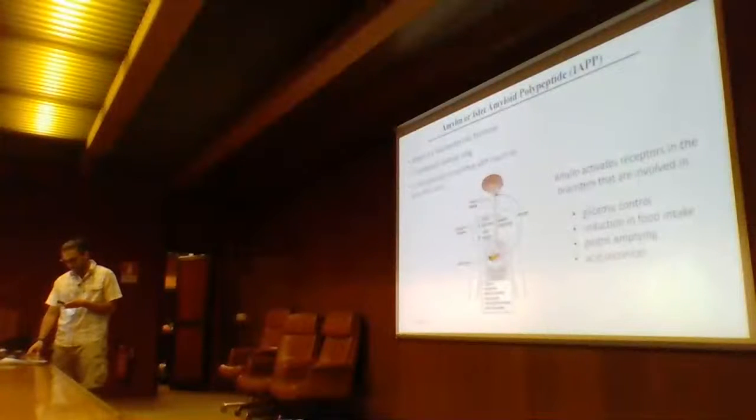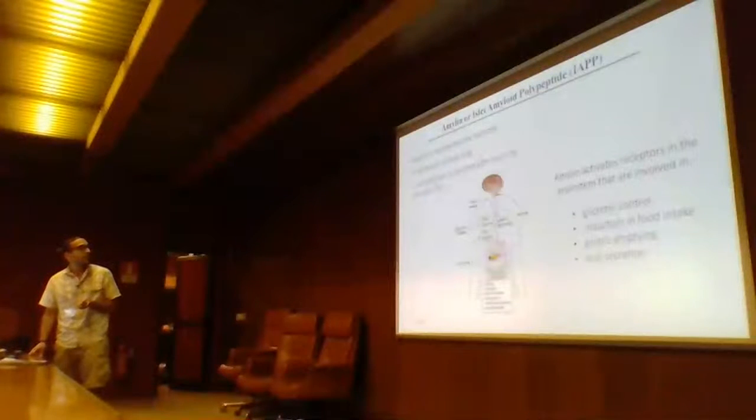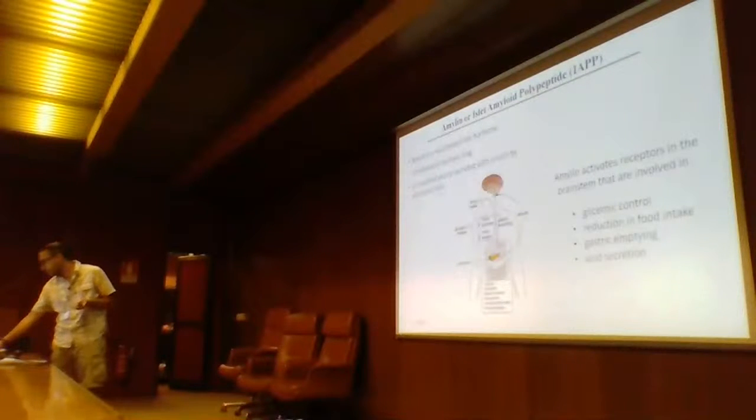So in the case of diabetes type 2, the protein that undergoes aggregation is amylin, or islet amyloid polypeptide, a neuroendocrine hormone that is 37 amino acids long, and it is co-localized and co-secreted with insulin in pancreatic cells. Among the different functions of this hormone, we can list glycemic control, reduction in food intake, gastric emptying, and acid secretion.